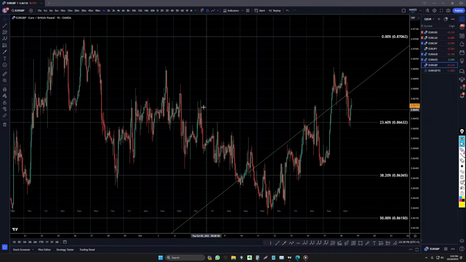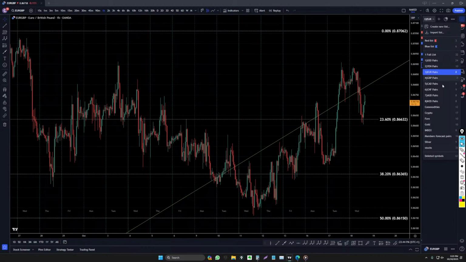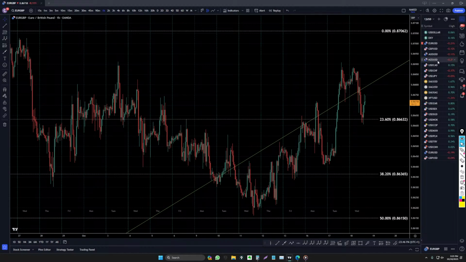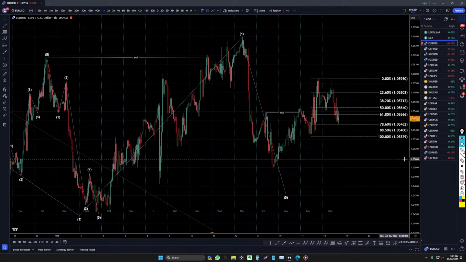So, let's see. So yeah, let's go back to the dollar pairs. I guess we'll cycle through those real quick. Yeah, boy. We're at the 78%. If this turns up impulsively, I would say that's an ABC correction. If it doesn't turn up impulsively, I think you should already be short this morning anyways, because we should be looking for shorts anyways right now.